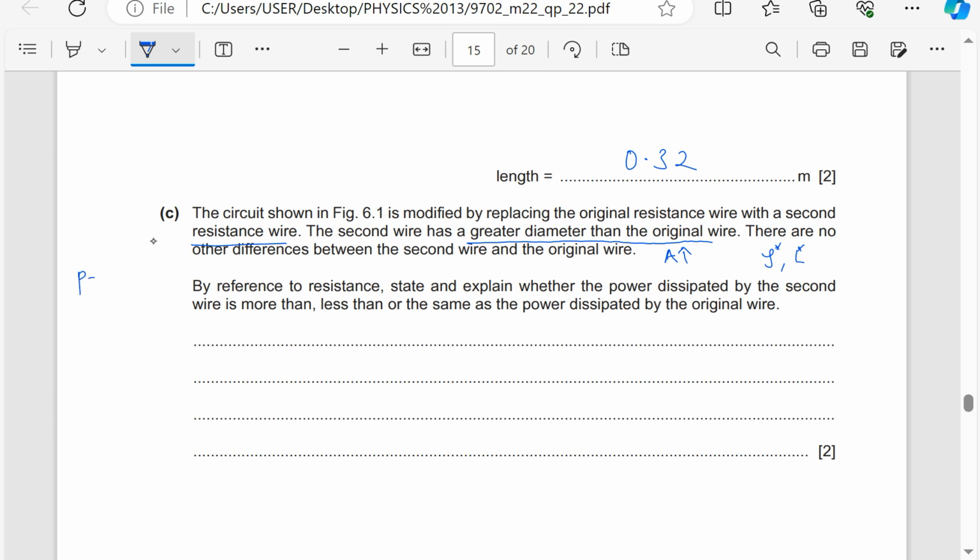So remember, the power is going to be equal to I squared times R. The PD is going to be the same because it is still across the same power supply. But the current is going to change. Let's first check resistance, which is rho L over area. There's a greater area, which means the resistance has decreased.